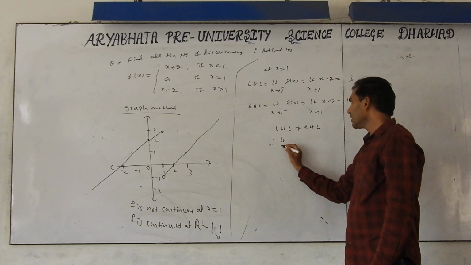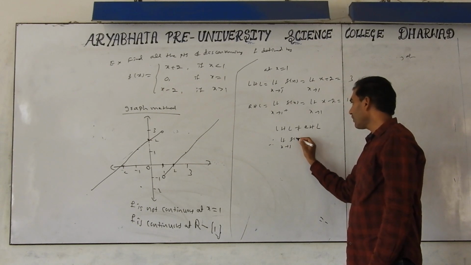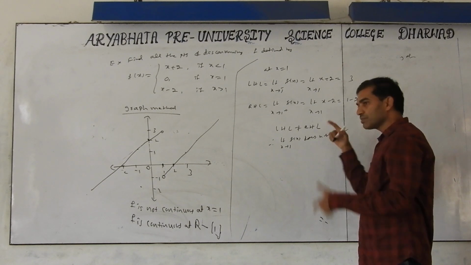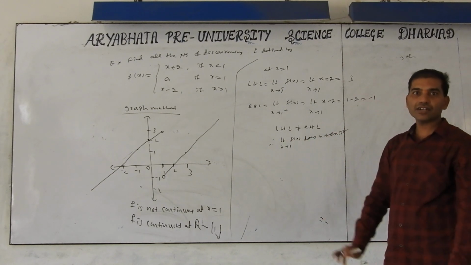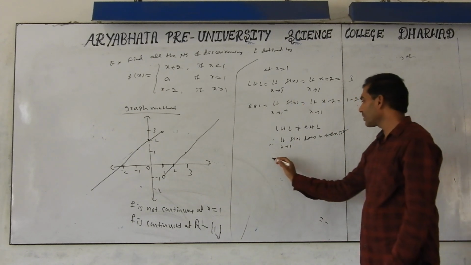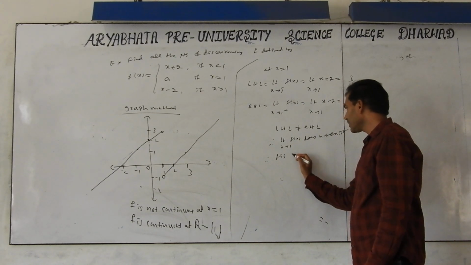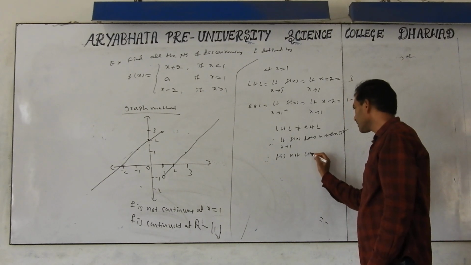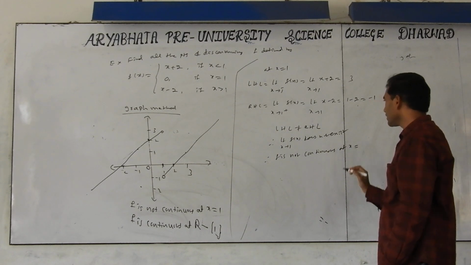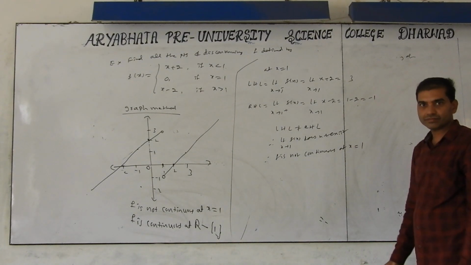Therefore, limit x tends to 1 of f of x does not exist. If the limit does not exist, it is not continuous, which means there is a break. So there is no need to verify the function value. Therefore, f is not continuous at x equal to 1.